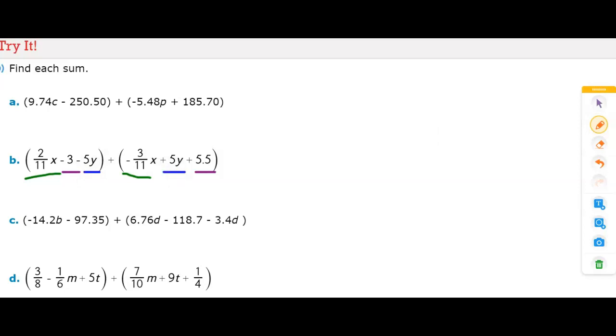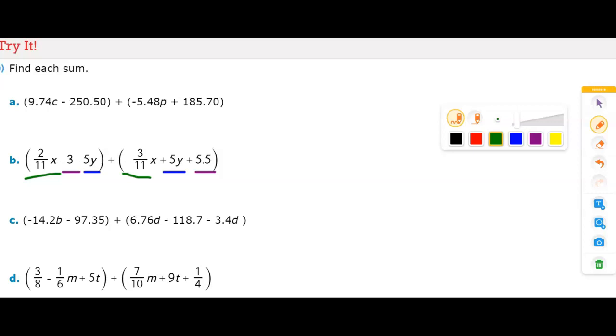And so we're going to go ahead and group them together. I actually skipped that whole step that they showed in the example of grouping them together because that's just an extra step that's not necessary, but I like that they showed it to you. But we're going to do that step by just underlining like we did.